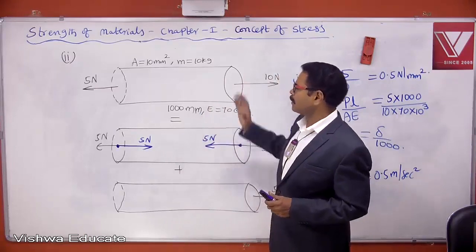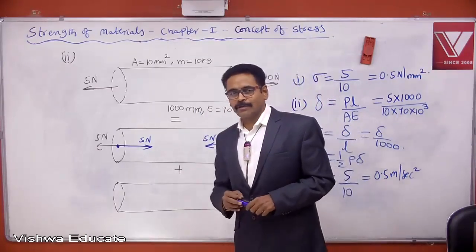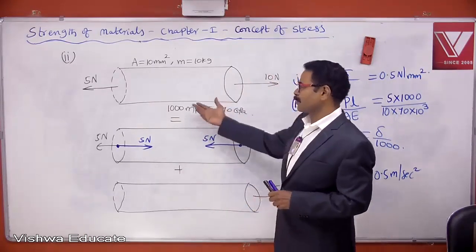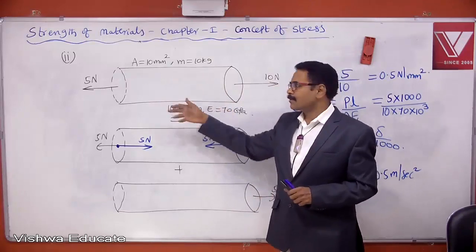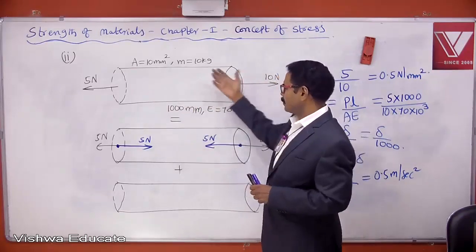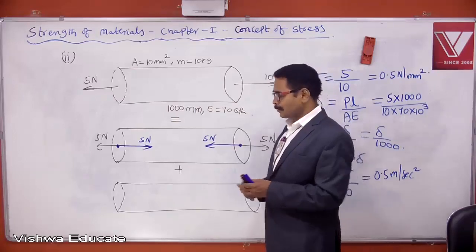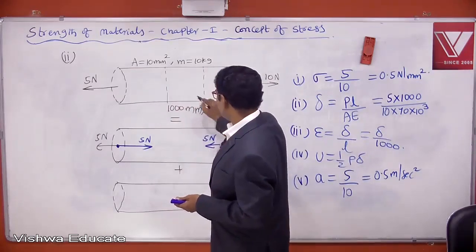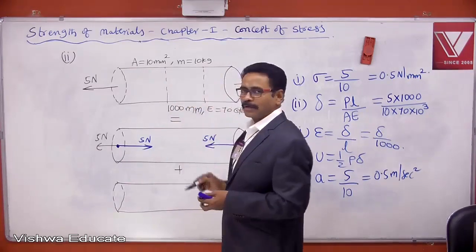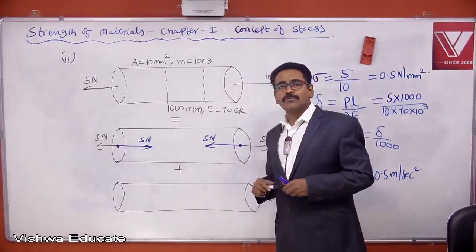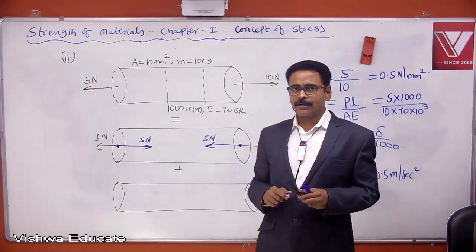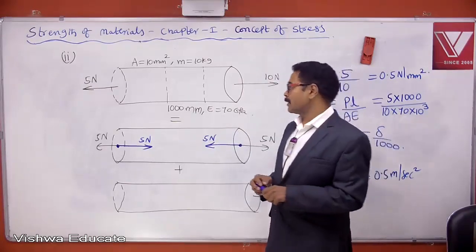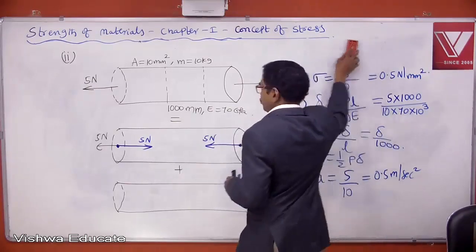And in coming sessions, we are going to do some complicated problems like this. So here only left side 5, right side 10. You can easily understand. But in coming problems, one section will be here, one section here, maybe here 6, here 10, like that. So we are going to do those kind of problems also in coming sessions. So this is my second case. Let's move to the third case.